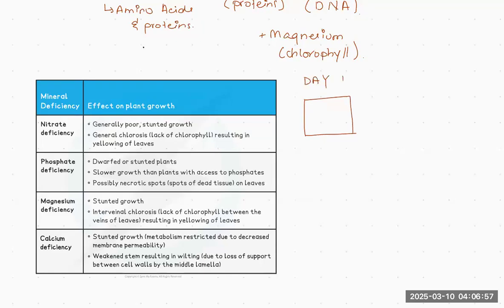So during the day, because the plant will be undergoing photosynthesis, the carbon dioxide will be absorbed by the plant and the plant will produce oxygen, right? Then what happens in darkness?